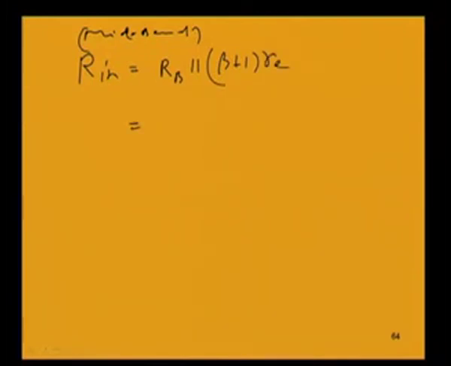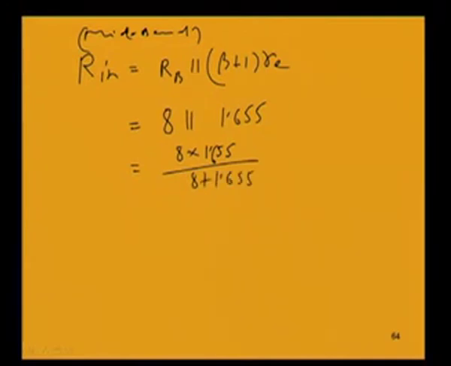So replacing these values, Rb is equal to 8 kilo ohm and beta plus 1 Re we have found out to be 1.655. So 8 into 1.655 by 8 plus 1.655, that is equal to 1.371 kilo ohm.